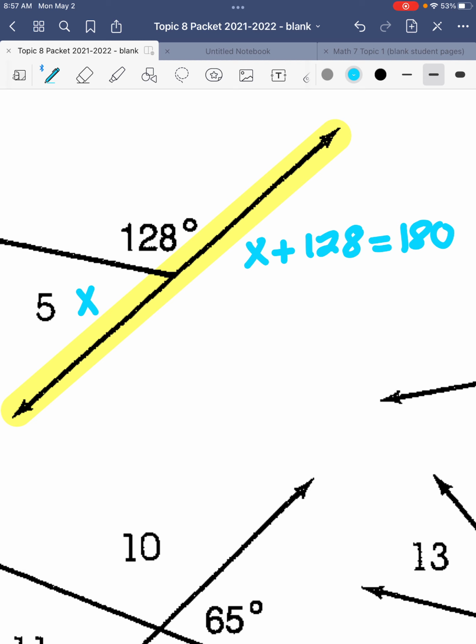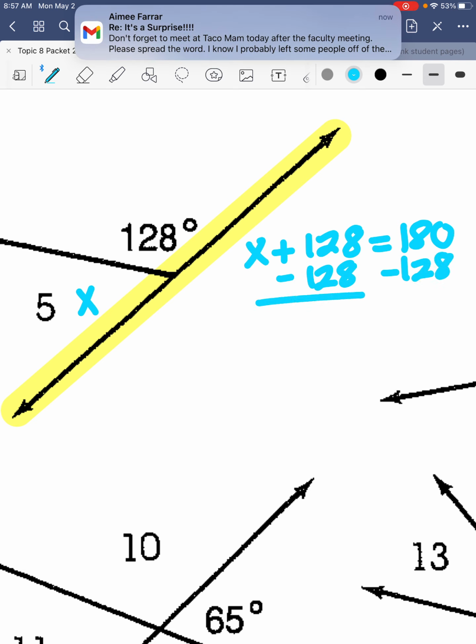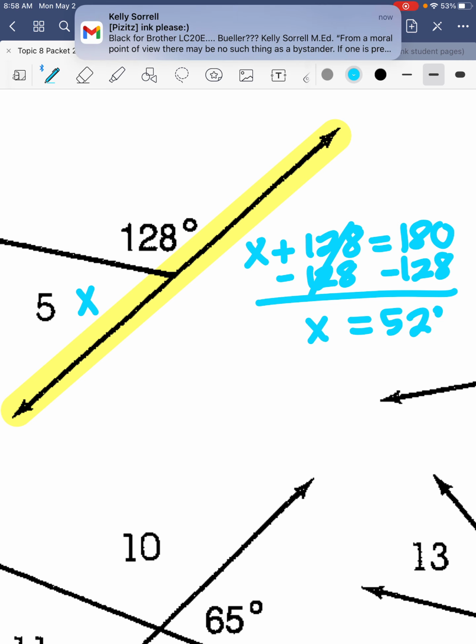Now I solve for x, so I subtract 128 on both sides. 180 minus 128 is 52. So x is 52 degrees.